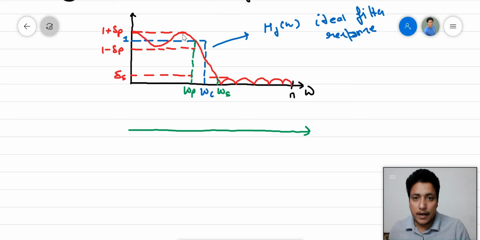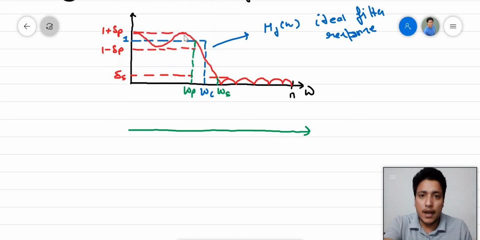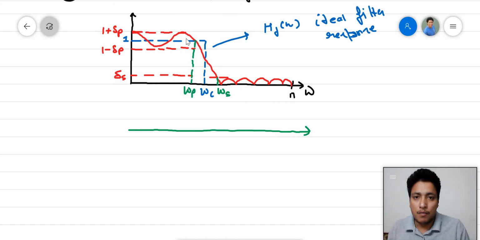So we can see from this point that this is the first maximum we have before the band edge, the pass band edge frequency. So we will drop a point in this window sequence, and the next maxima is at the stop band.